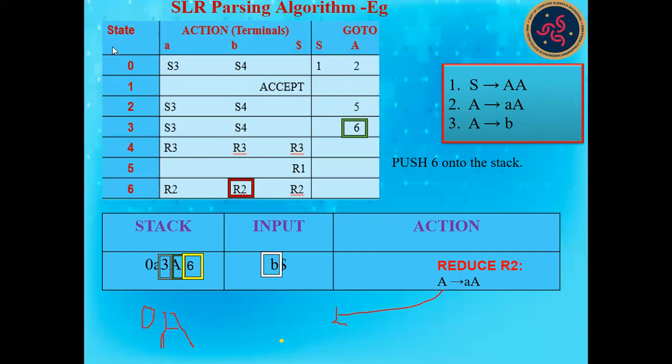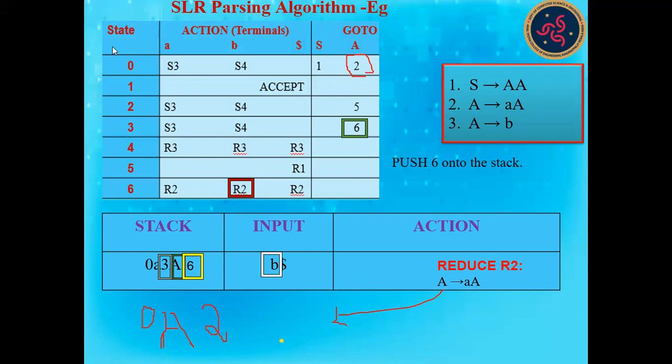Capital A will be pushed, and we need to have a state value here, right? For that we have this on the stack, 0 and A. So from the table I need to take the value for 0 and A. Here it is 2, so I can push the value 2 onto the stack.